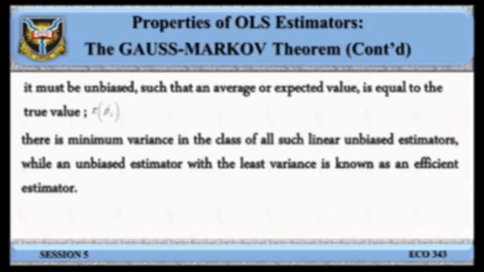There is minimum variance in the class of all such linear unbiased estimators, while an unbiased estimator with the least variance is known as an efficient estimator. Further, in the context of any regression, it can be proved that the OLS estimators are BLUE, which is the main provision of the Gauss-Markov theorem.